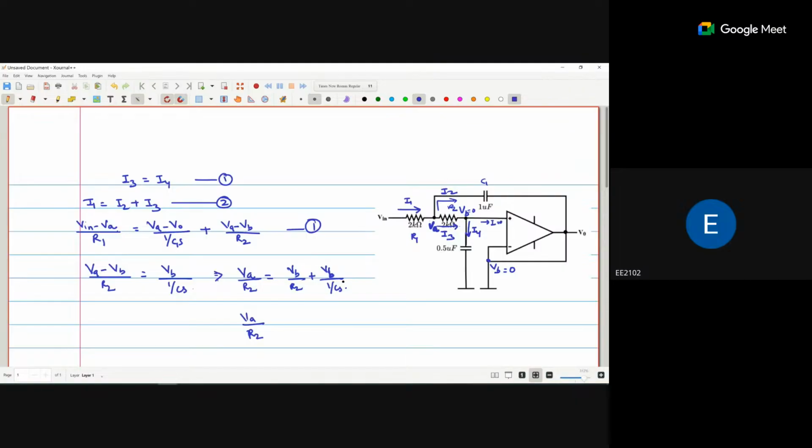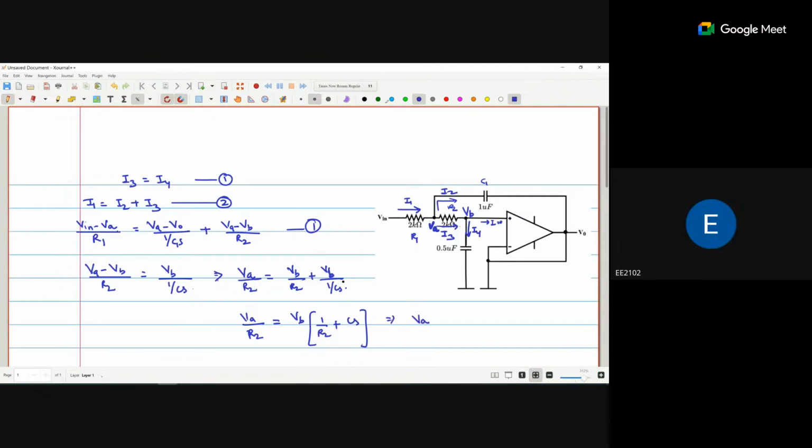No, VB is not 0 here. VB is the same voltage across the capacitor. So VA upon R2 is equal to VB times (1 upon R2 plus Cs).